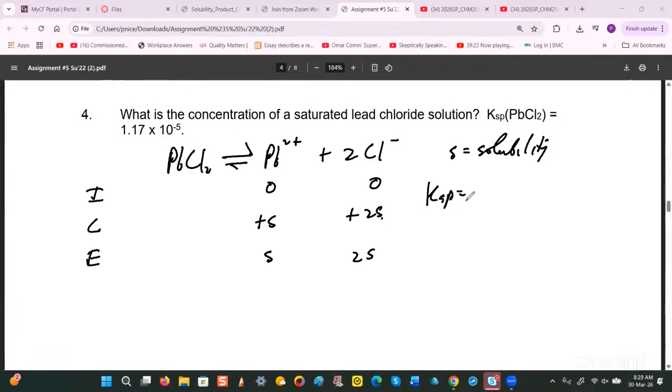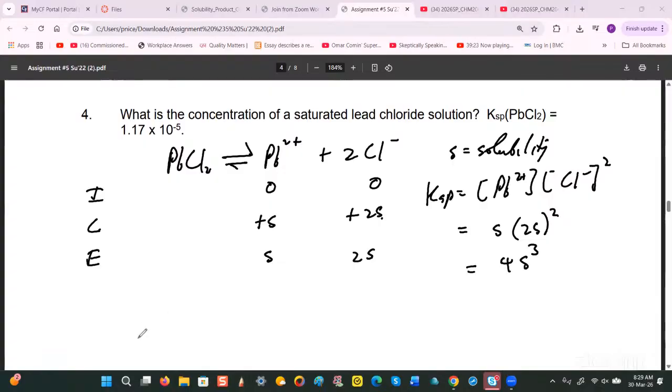Now, what's the KSP expression in this case? It's going to be the concentration of Pb2 plus times the concentration of Cl minus squared, right? And then we put in S where this is, 2S where this is, 2S squared, and then this becomes 4S cubed.